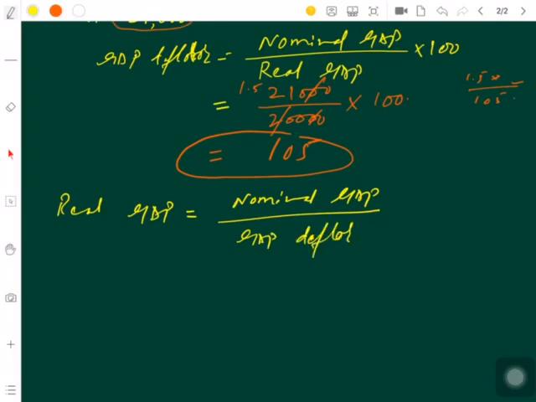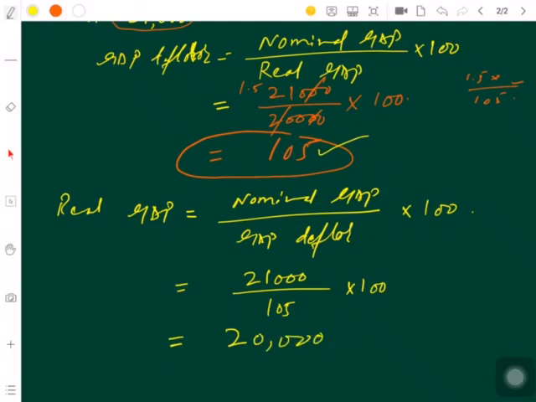I am just interchanging the terms. So from the above example, our nominal GDP turned out to be 21,000, our GDP deflator is 105, multiplied by 100, which will be equal to what we had used, 20,000. So see students, we can reach from A to B, from B to C, from C to B.